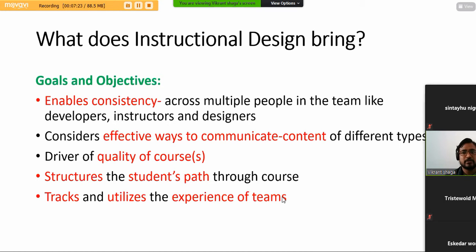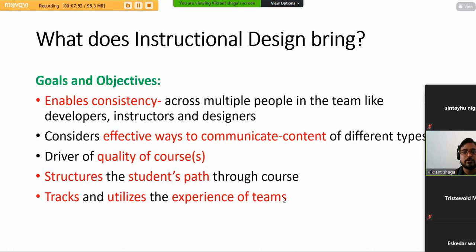So what is the benefit of it? It enables consistency across multiple people in the team, like developers, instructors, and designers. See, again, I'm telling you, this is not only an individual work. It is not only a single teacher's work to design the entire course. Of course, as an instructor, I can have so much information about the course, but the developers and designers are different technical people.